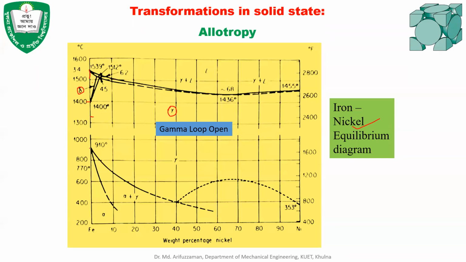And then when the temperature drops below 910 degrees Celsius, it comes back again to the body-centered cubic structure, which is called alpha iron. Okay, and it occurs for the whole region. For example, if you come here, then gamma will be produced in this region, and after this line, alpha will be produced again in this region. Okay, so this is the open gamma loop.